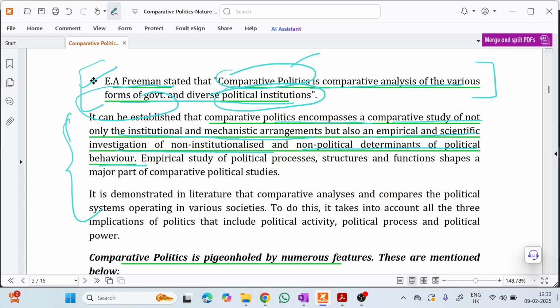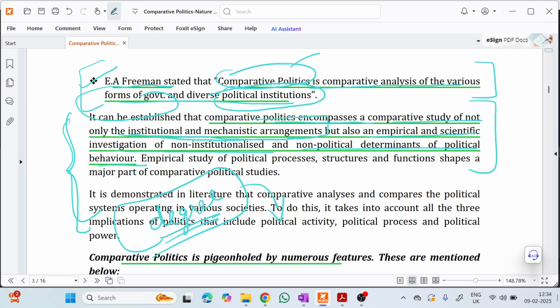So overall, the meaning of this passage is highlighting the degree by which comparative politics has upgraded from its parent term, the comparative government. So the differences or the degree by which it has progressed have been listed here. The first one is that it is not only studying the institutional and mechanistic arrangement, which is the formal polity.